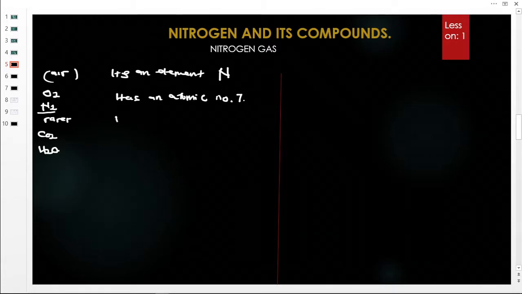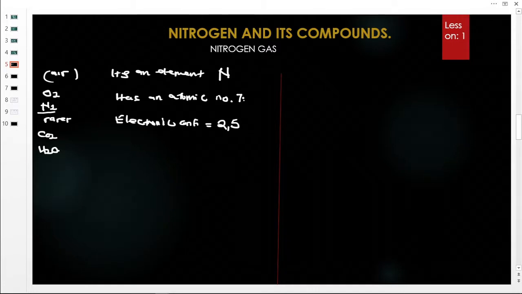This makes its electronic configuration, which means the arrangement of electrons on the energy levels of an atom. So the electronic configuration of nitrogen becomes 2, because the first shell takes 2, then the second takes 5.